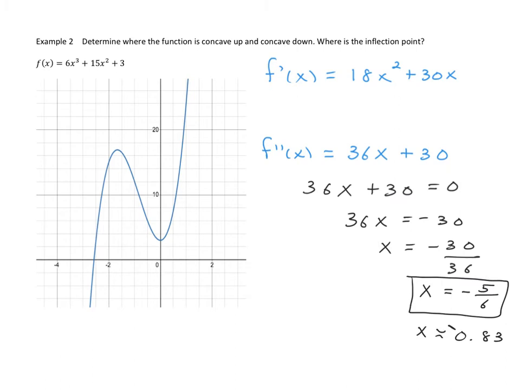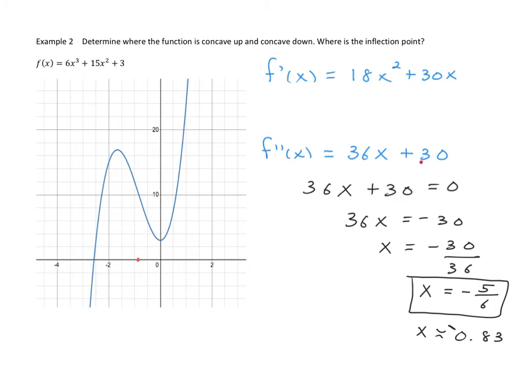All right, so on the number line, this is negative 1. So negative 5/6 is negative 0.83. I'm going to mark this spot right here. This is where the second derivative is 0. That means over here, it's either positive or negative, and over here, it's either positive or negative.